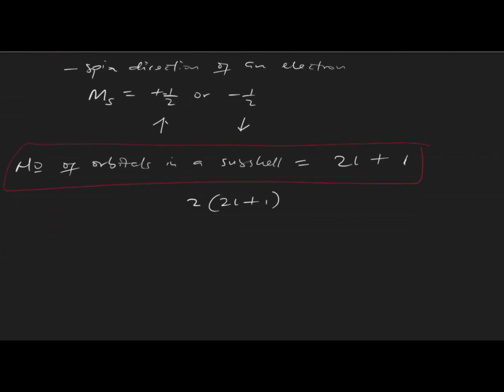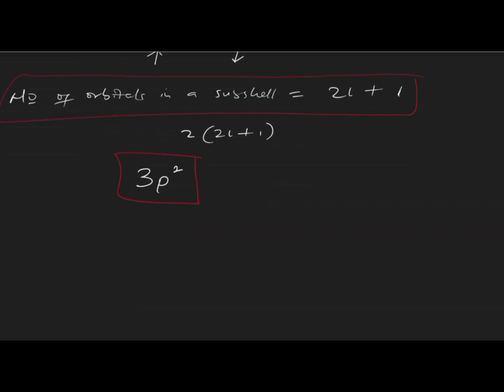So to round up this video, if you have an electronic configuration, let's say 3p2, now let's check this electronic configuration and identify the various quantum numbers that we have in it.